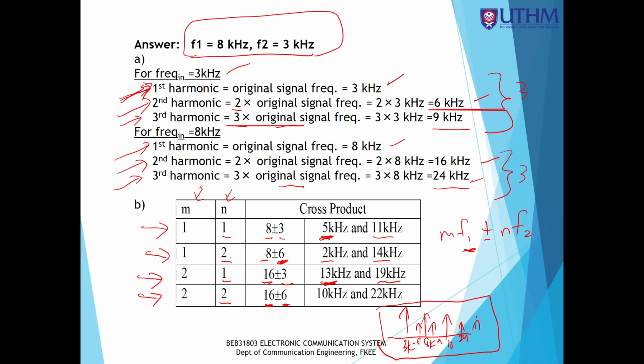So therefore for the cross product 16 minus 6, so you get 10 kHz for the difference frequency, and 16 plus 6, so you will get 22 kHz for the sum frequency. So remember that di sebelah kanan adalah sum frequencies, di sebelah kiri dipanggil sebagai difference frequencies. So kedua-dua ini dipanggil sebagai cross product.